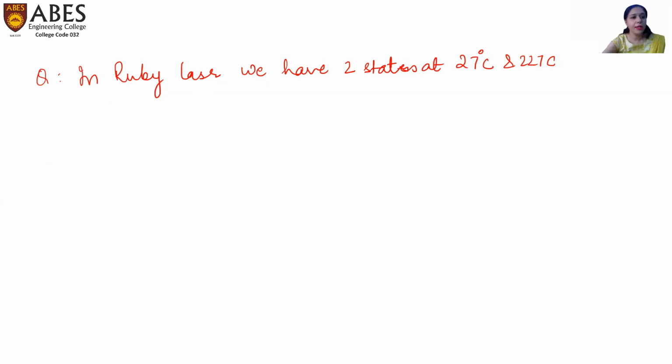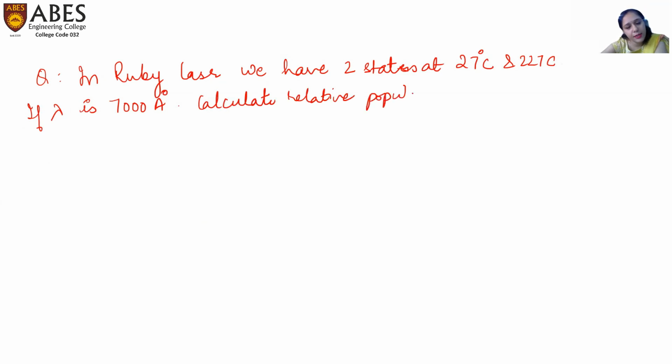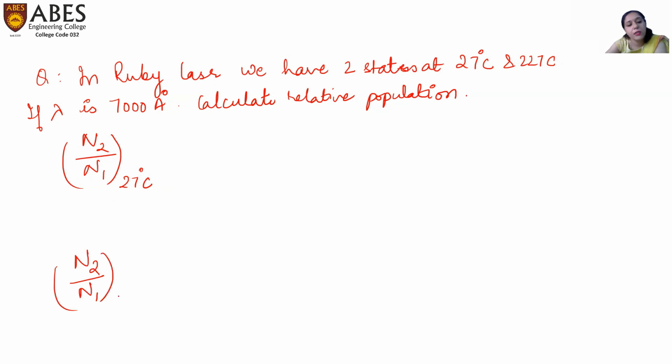If wavelength lambda is 7,000 angstrom, calculate relative population. Relative population here means first we have to calculate N2 by N1 at 27 degrees Celsius, and then N2 by N1 at 227 degrees Celsius.